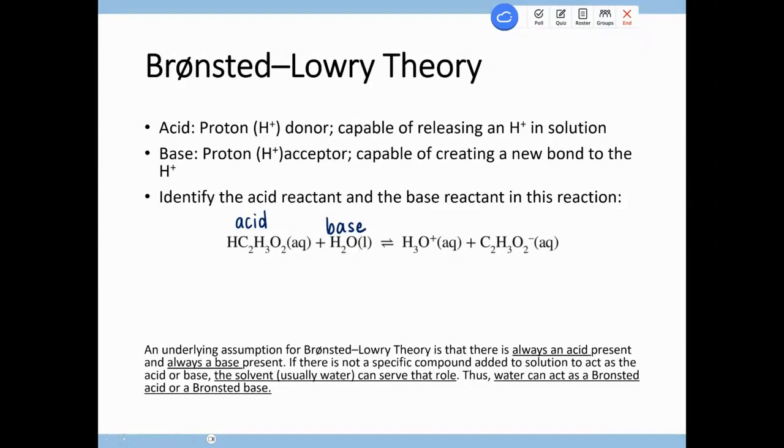So an underlying assumption of this theory is that there's always an acid, so always a proton donor present, and always a base, always a proton acceptor present. If there's not a specific compound added to solution to act as the acid or the base, then the solution molecule, which is often water, can serve that role as the acid or a base. So water can act as a Bronsted acid and a Bronsted base.